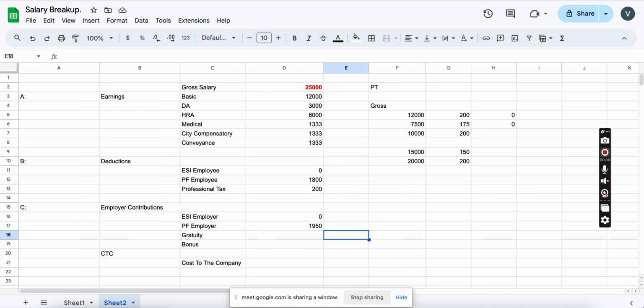So how is it calculated? Suppose I have completed 5 years in the organization and I'm supposed to get gratuity, how will it be calculated? It will be calculated like this: basic plus DA divided by 26 days.